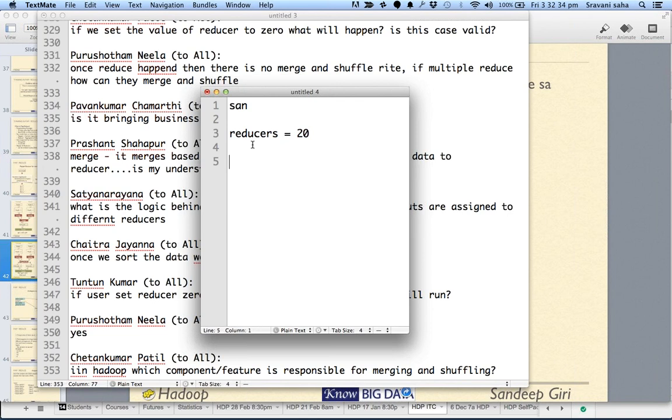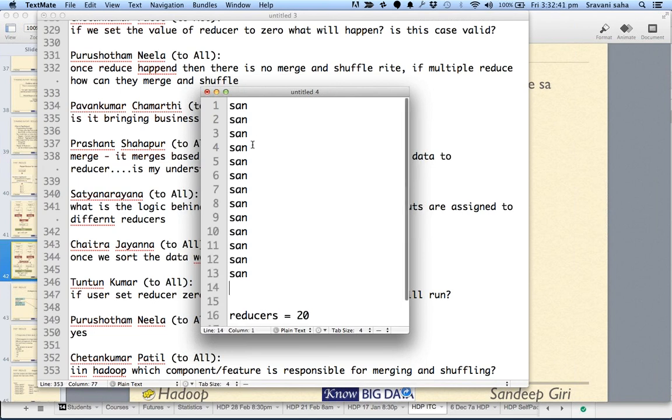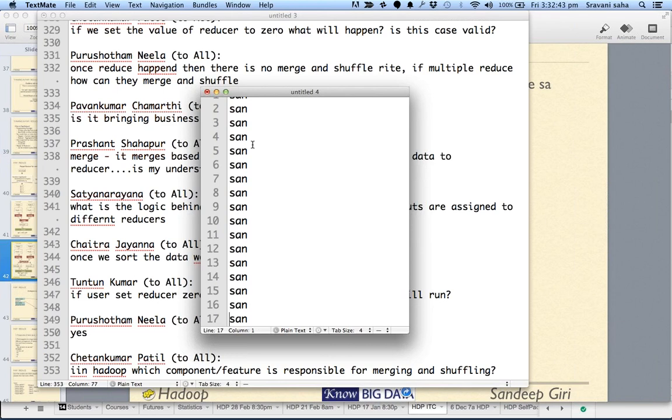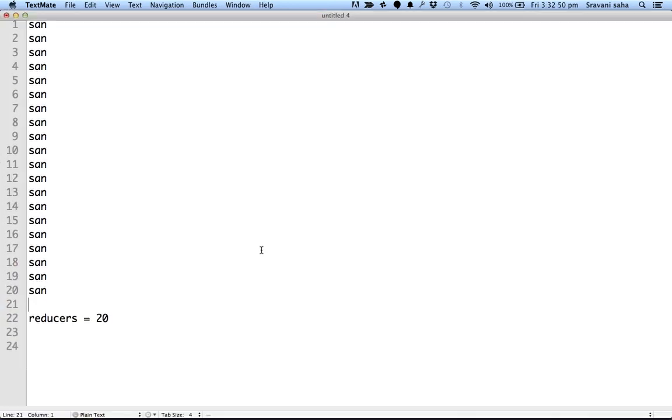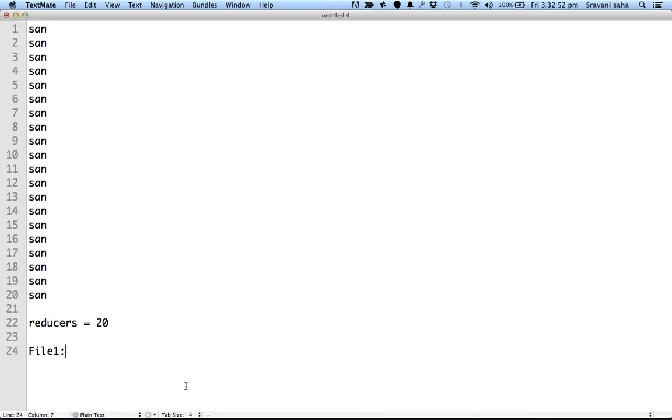There will be a single file, file 1, containing the word with its frequency of 20.